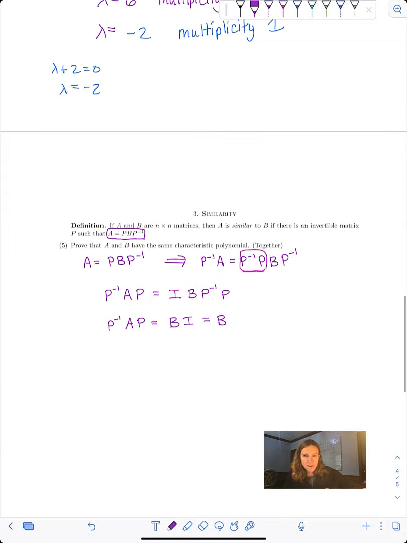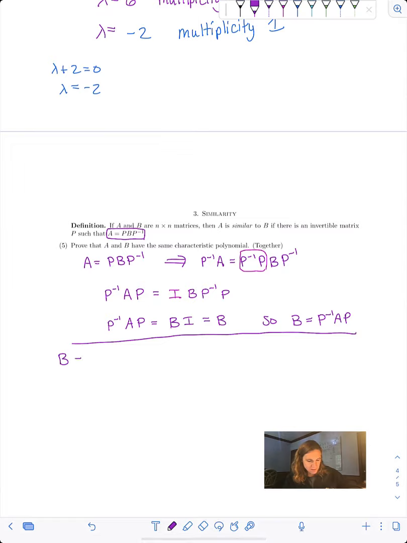And why do I want to do this? So we have B also equals P inverse A P. So I'm going to use that now. So let's look at B minus lambda times the identity.